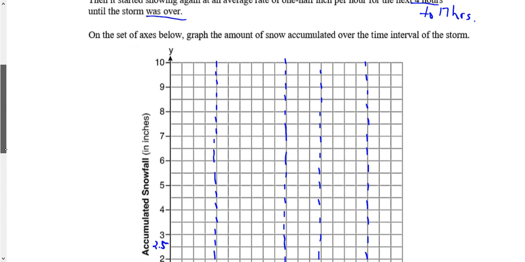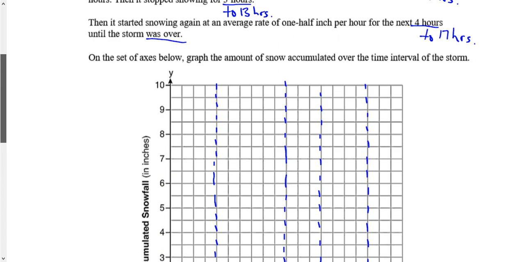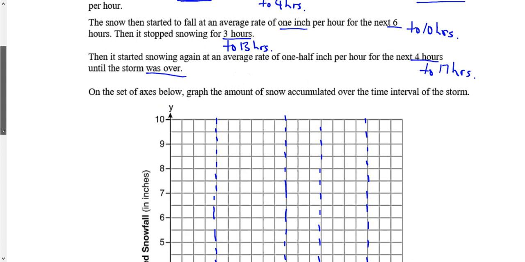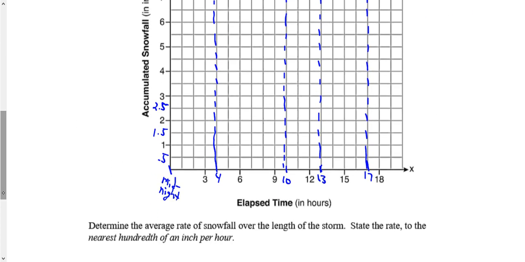So let's take a look at the first interval. That's from midnight to the first 4 hours, right? What was the rate? 1/2 inch every hour, right? That's rise and run, isn't it? Okay. So after the first hour, we're at 1/2 inch. After the second hour, where are we? 1 inch, right?